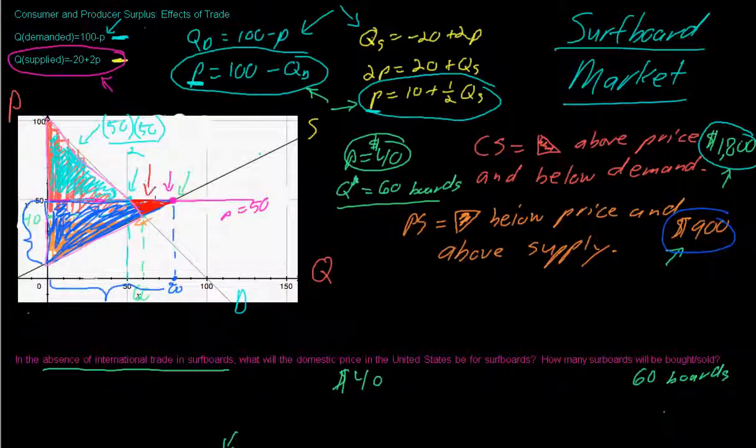So even though consumers are a little bit worse off, producers are a lot better off for trade, and so society as a whole is better off. And we will go see that the exact same thing is true in an importer situation, and that will be the next video.